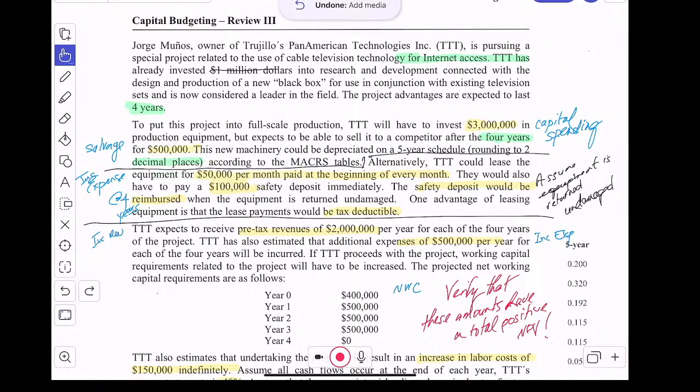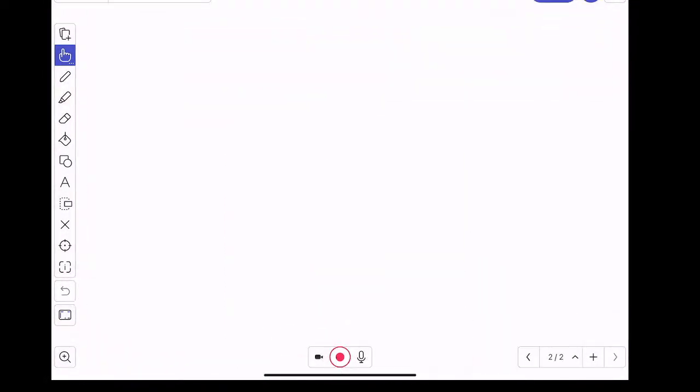No, I'm not going to be able to do that nicely. All right, so I'm just going to go to the next page. I'm going to call it the present value of the purchase option.